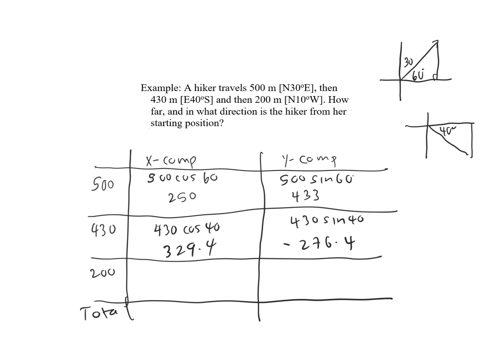And then the last leg of the trip, they're going north 10 west. Draw a different axis here. So we're going north, headed 10 degrees towards the west. So connect to the x-axis, we will be using the 80-degree angle.